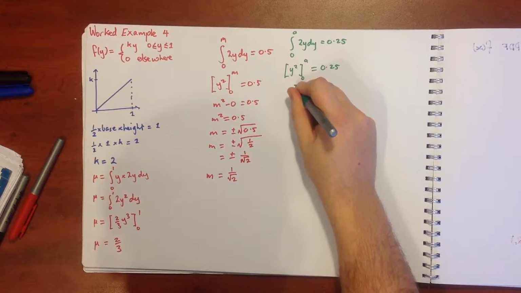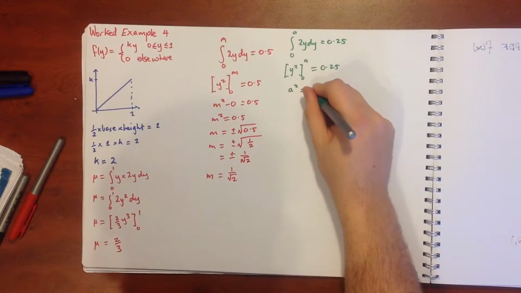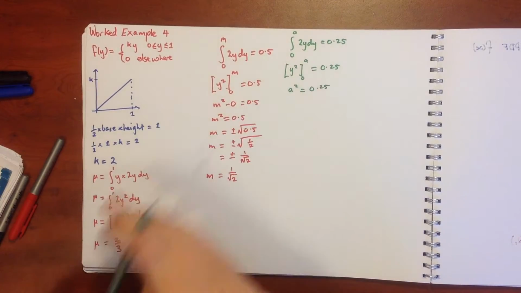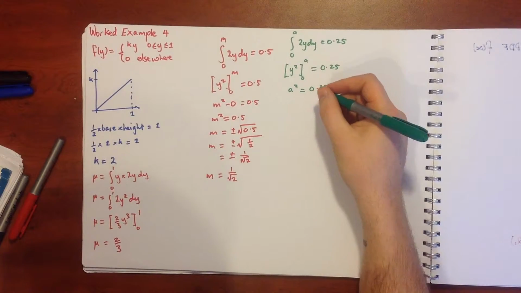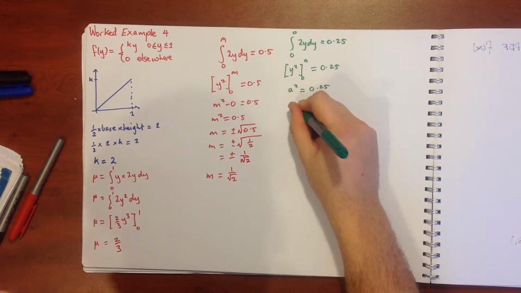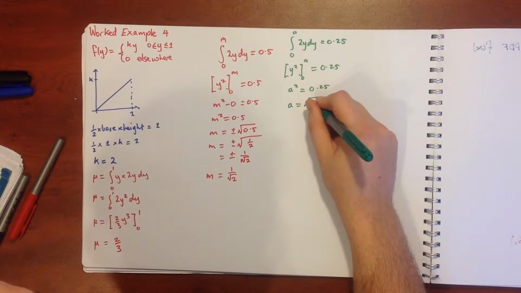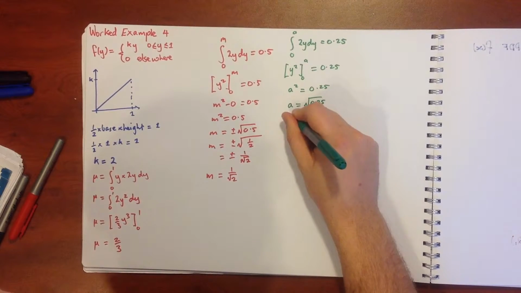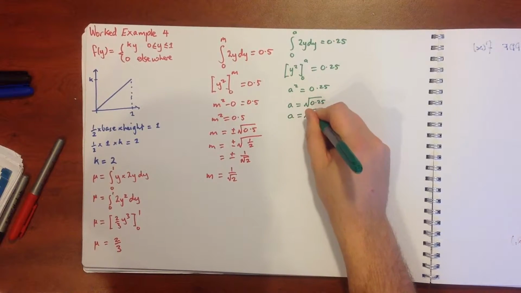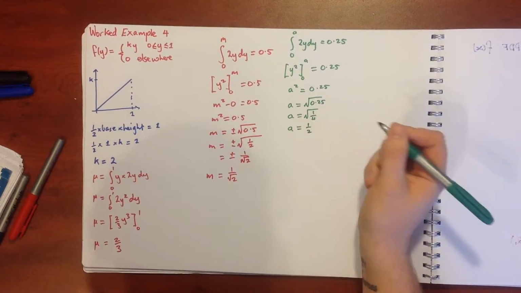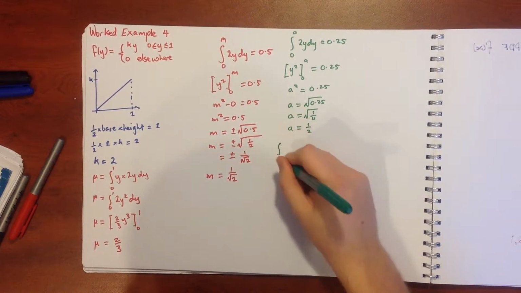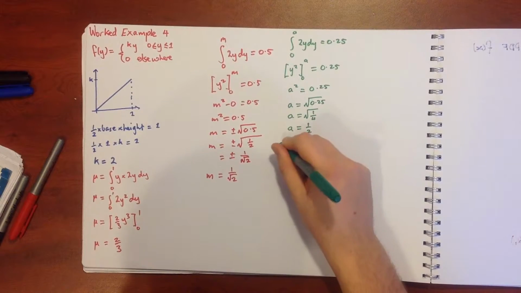So a squared is going to equal 0.25, so a is going to equal the square root of 0.25, which is the square root of 1 on 4, which equals a half.